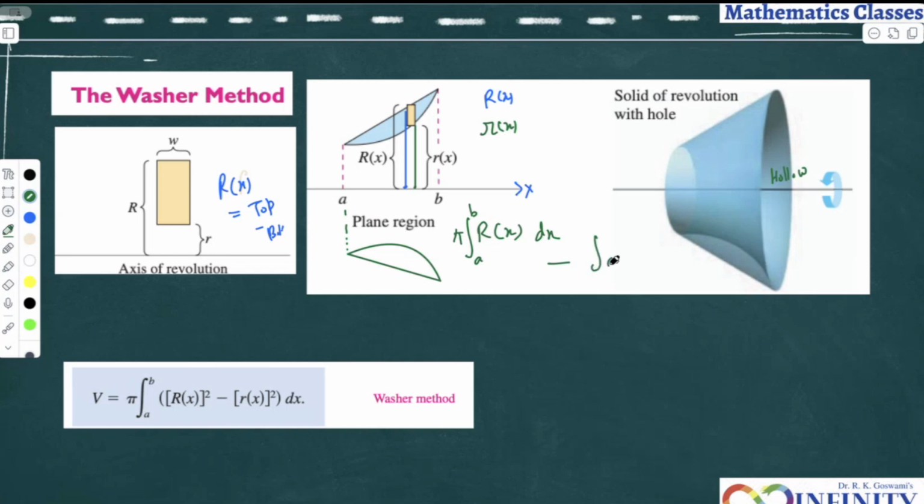Minus, sorry, I forgot to write the square there. My bad. When I take the small radius, Rx, this will tell me the volume bounded by this lower curve. You just take the difference of them. This is the washer method.